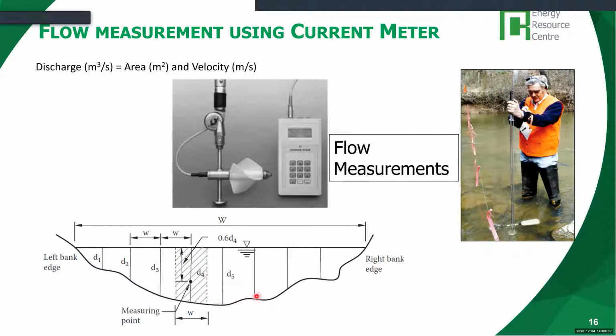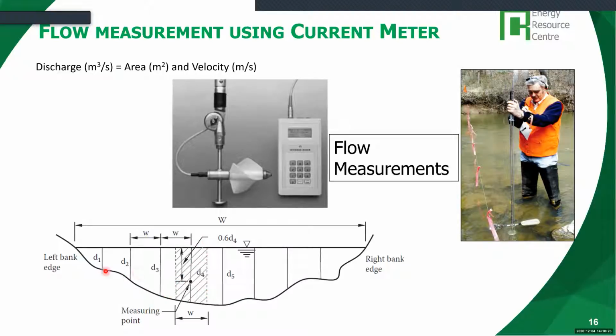As you go down, the velocity is lower. So normally for a very deep river, you measure velocity at 0.2 and 0.8 depth, then get their average. But for shallow, the average velocity is at 0.6 of the depth.